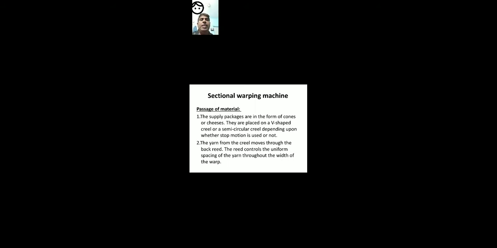They are placed on a V-shaped creel or a semicircular creel, depending upon whether stop motion is used or not. The yarn from the creel moves through the back reed. The reed controls the uniform spacing of the yarn throughout the width of the warp.